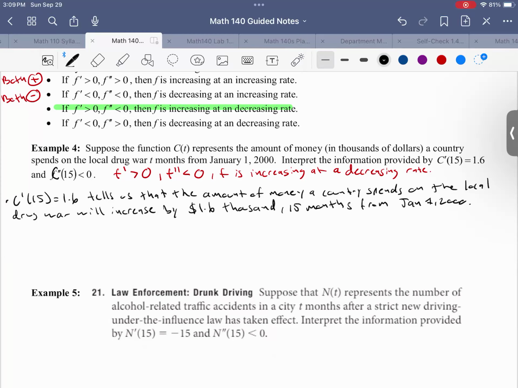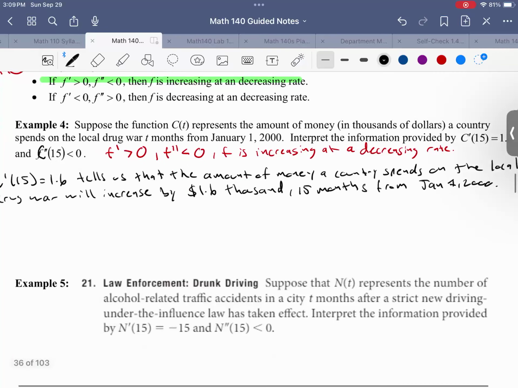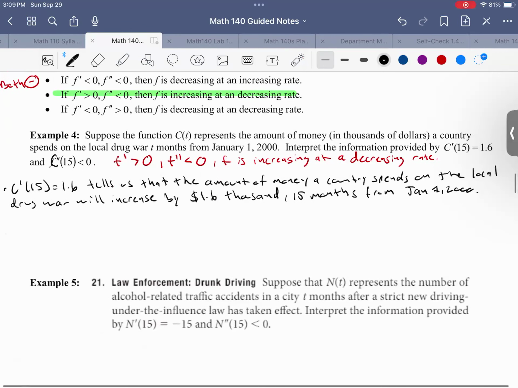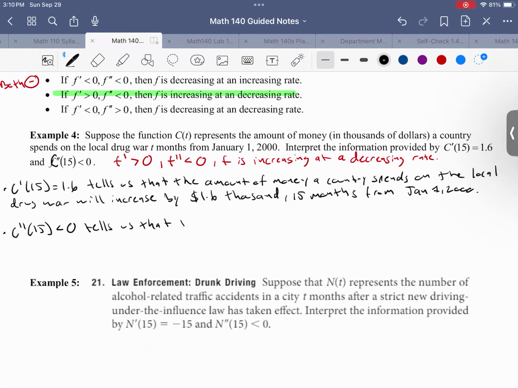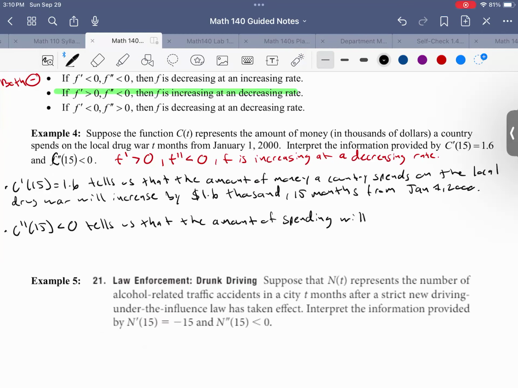So that's what the first derivative is telling us. Now let's check out what the second derivative is telling us. We don't actually have a numerical number, but we know that it's negative. Our second derivative is negative at 15. So that tells us that the amount of spending will decrease.